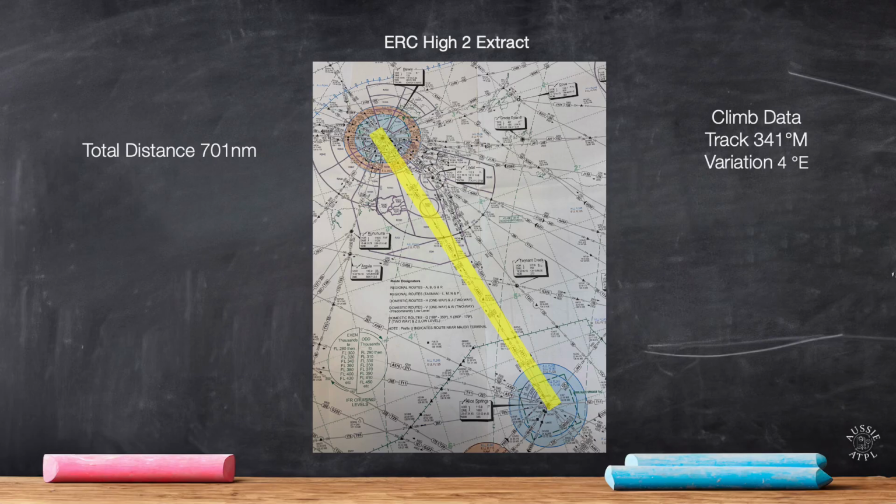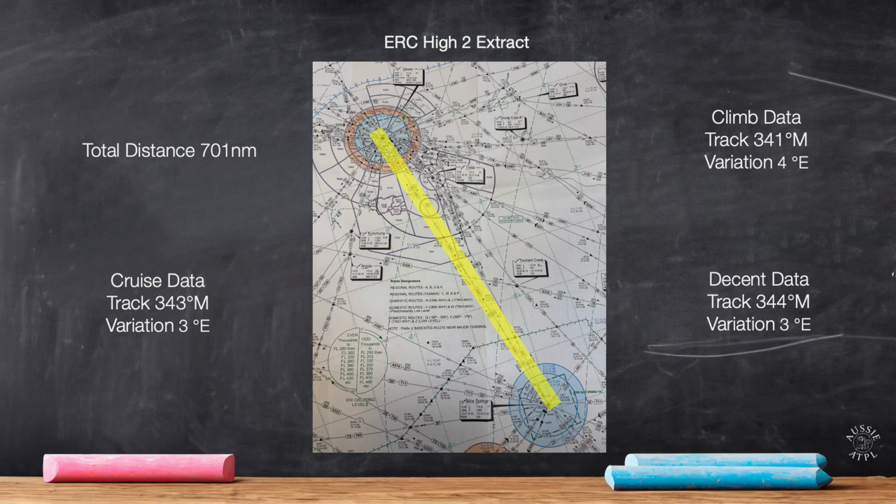Climb data, we've got a track there and magnetic variation. Cruise, we get our track and magnetic variation, and descent, we grab our track and magnetic variation. This will be very helpful when we're doing the calculations, so we don't have to go back to the map and check to see what our track or magnetic variation is to find our head or tailwind components.